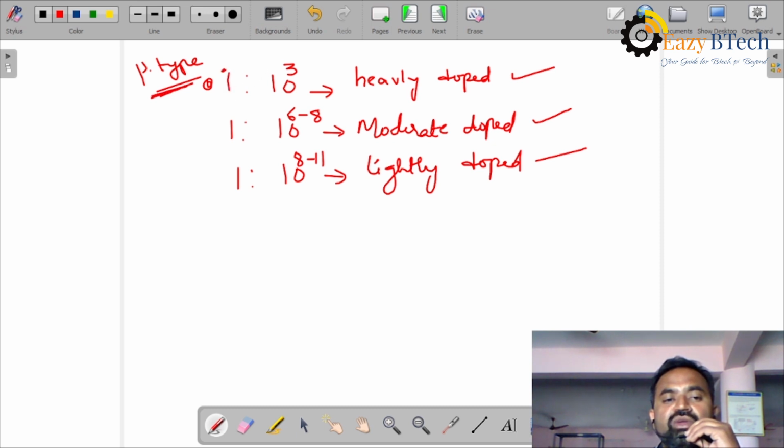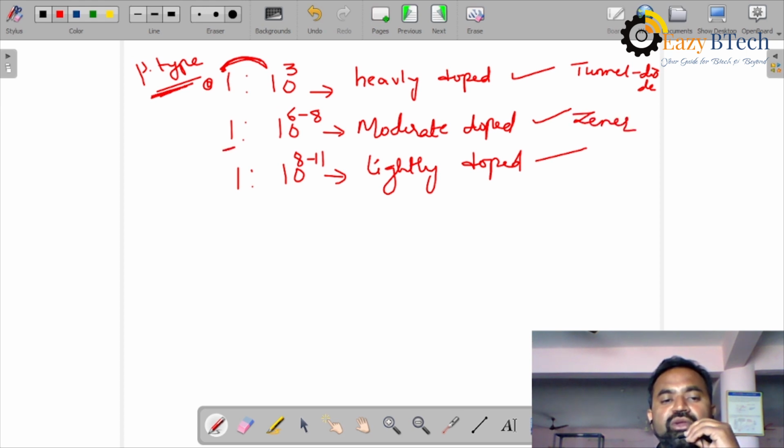One boron impurity added to 10 power 3 is heavily doped, and an example is the tunnel diode. For moderately doped material, we write Zener diode.